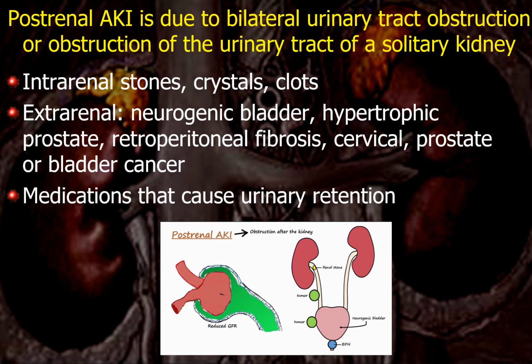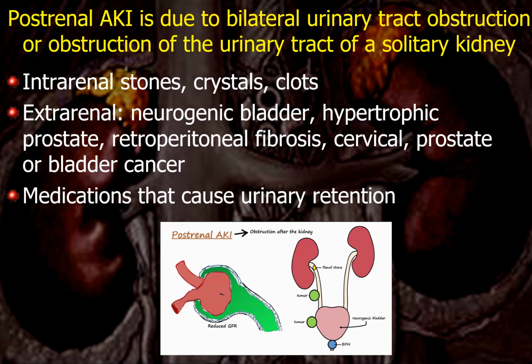Bilateral urinary tract obstruction, or obstruction of the urinary tract of a solitary kidney, can cause post-renal AKI. Intrarenal stones, crystals, and clots, or extrarenal obstruction such as in the case of neurogenic bladder, hypertrophic prostate, retroperitoneal fibrosis, cervical, prostate, or bladder cancer can cause post-renal AKI.